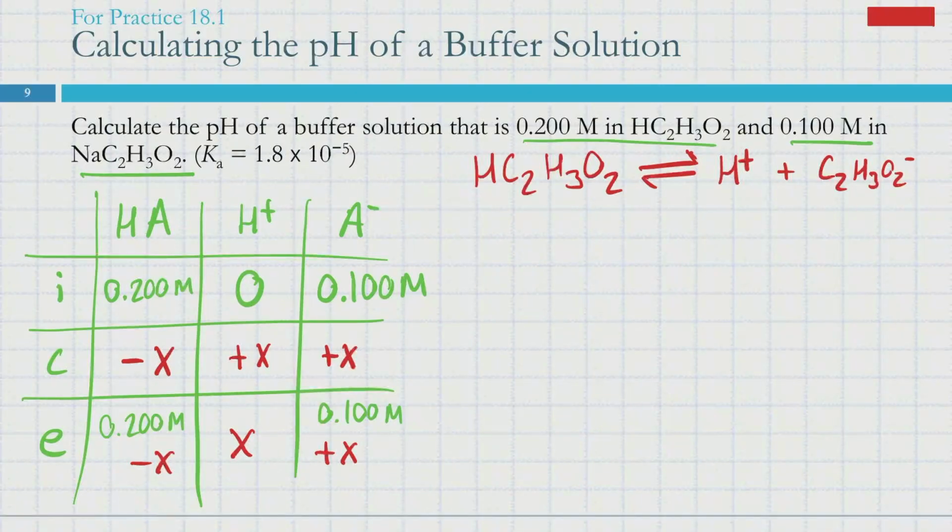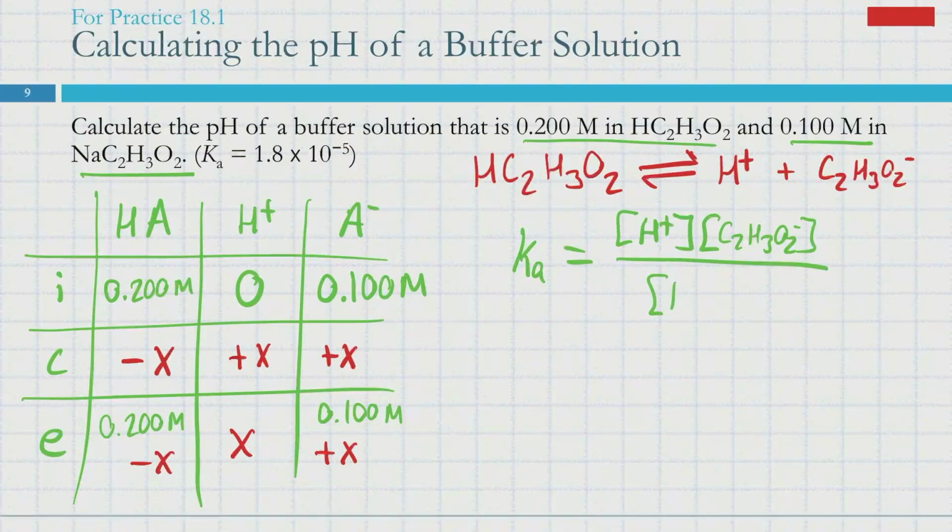We can then write our acid dissociation constant expression, our Ka expression. It's the concentration of H plus times the concentration of C2H3O2 minus over the concentration of acetic acid.